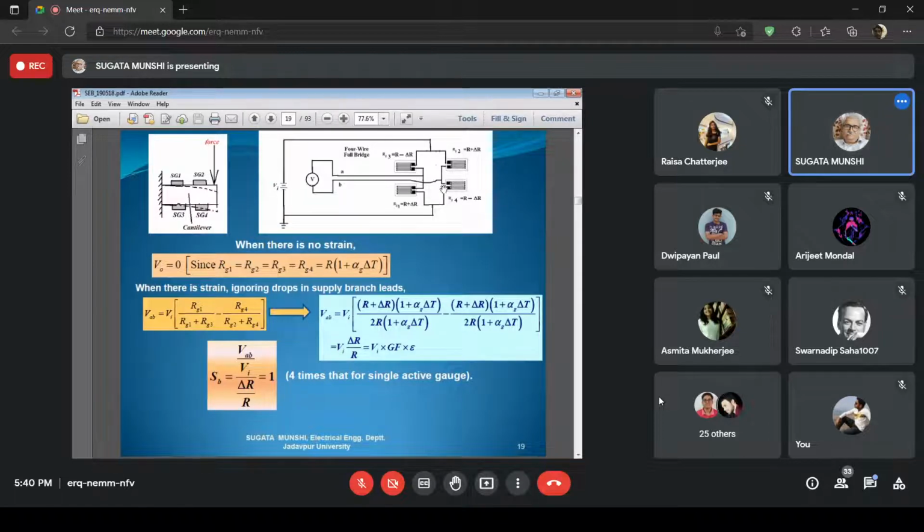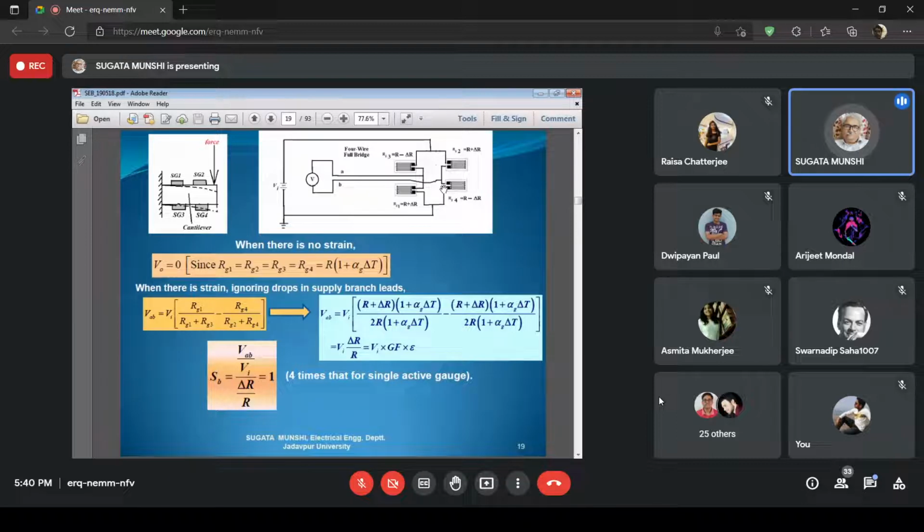Now point out, we are assuming that all these gauges are identical. Therefore, when they are not experiencing any mechanical strain, the output voltage VAB is 0. That will not happen because of manufacturing tolerance. Suppose all the gauges have a specified nominal resistance of 350 ohms.